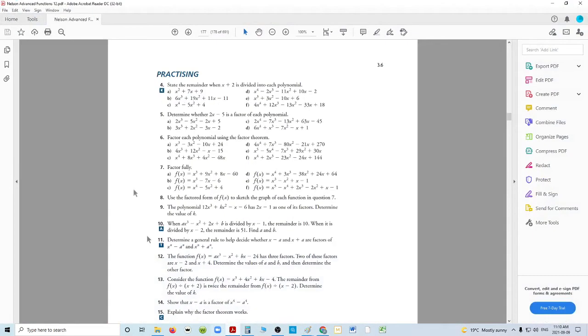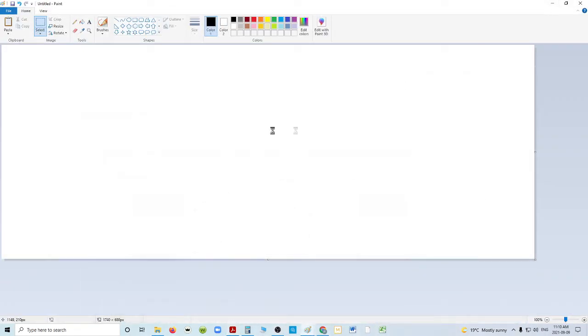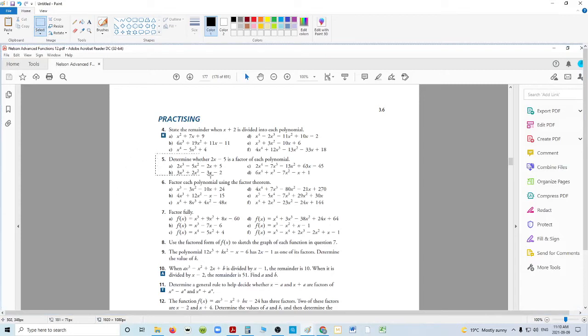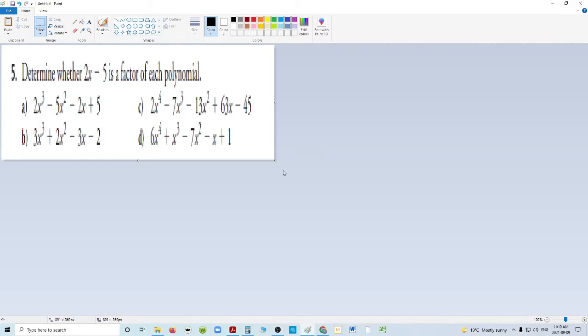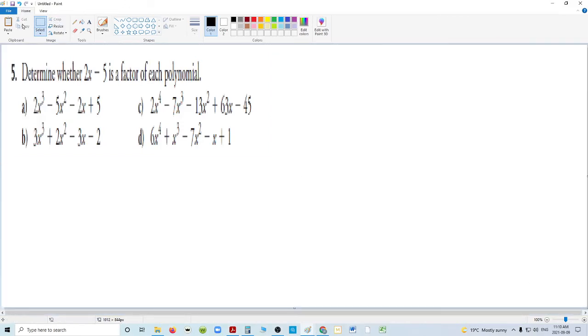Okay, on to the next one. Determine if it is a factor or not into each of these. Now this is an unusual one. They've made it quite difficult to use the factor theorem. Because what is the root of 2x minus 5?